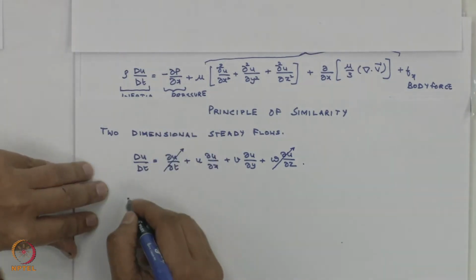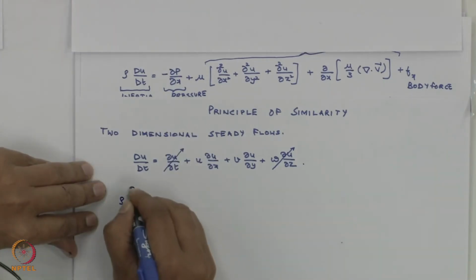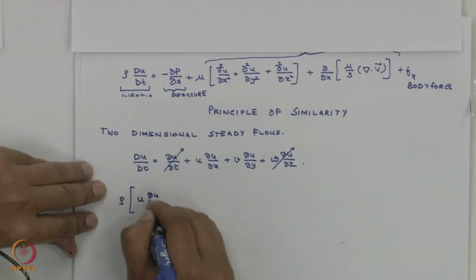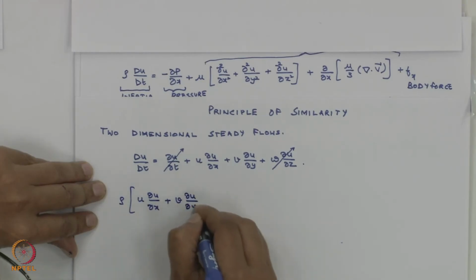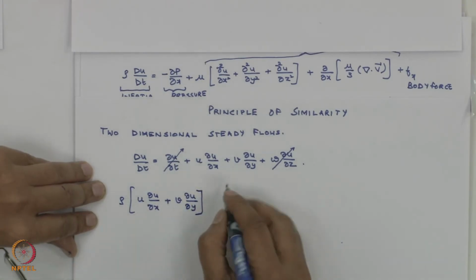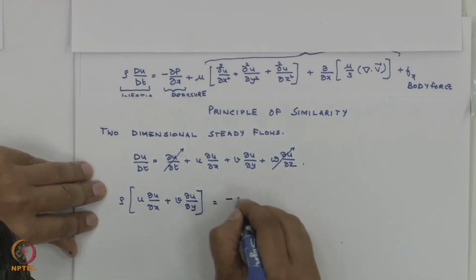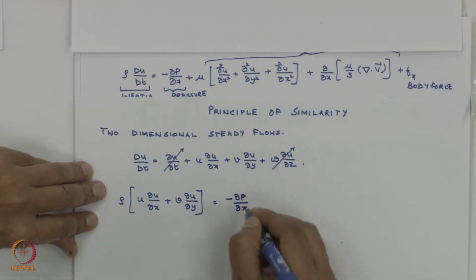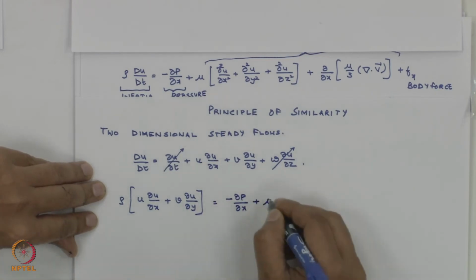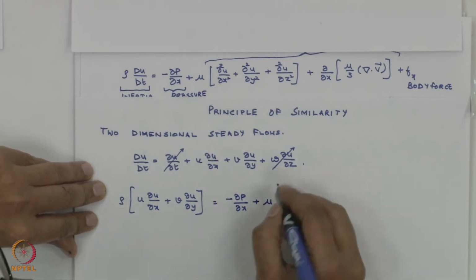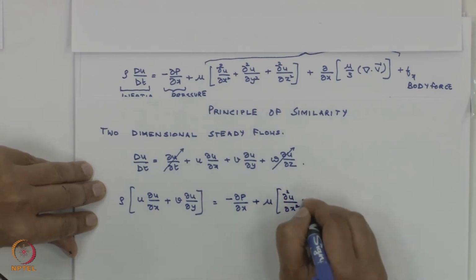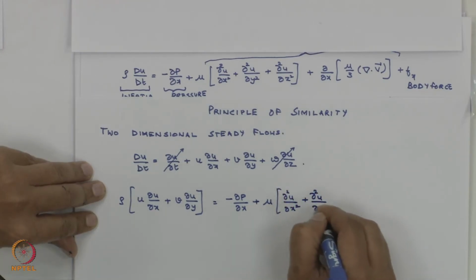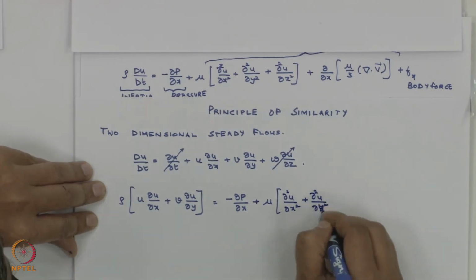On the left hand side, you will get rho into u del u by del x plus v del u by del y, which is equal to minus del p by del x plus mu times del squared u by del x squared plus del squared u by del y squared.